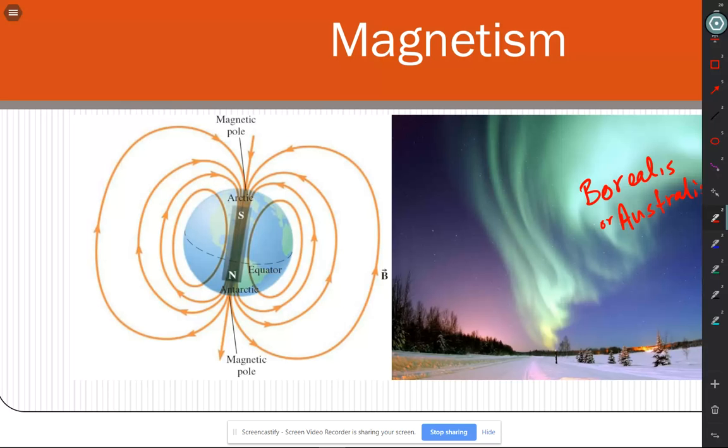But it's pointing toward the opposite, so what magnetic pole is it pointing toward? The south. That means the Earth's north geographic pole is its south magnetic pole. Hence, in the picture here, it has south on the north side and north on the south side, because magnets are attracted to opposite poles.